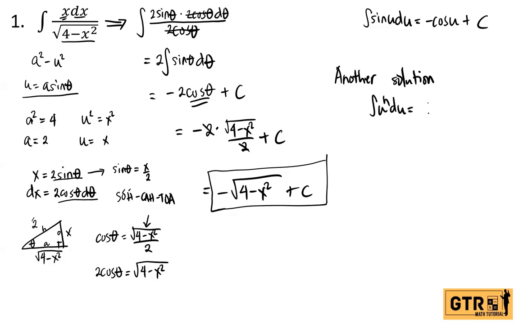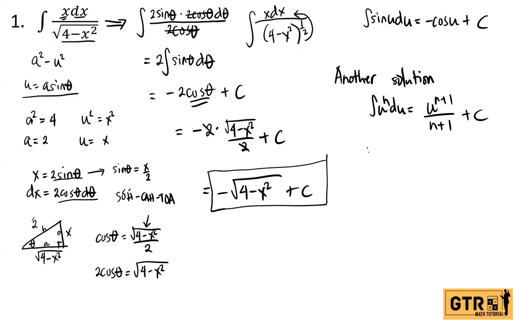Another solution, we can use the formula u to the n du. So the formula for integral of u to the n du is u to the n plus 1 over n plus 1 plus c. Okay, so if we have square root of 4 minus x squared, this can be written as 4 minus x squared raised to 1/2. And since it is in the denominator, if we put this in the numerator, the exponent will become negative.